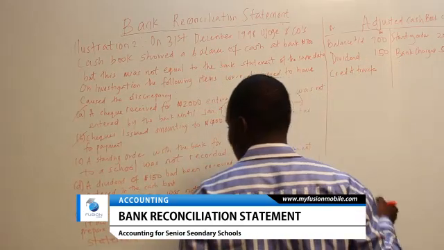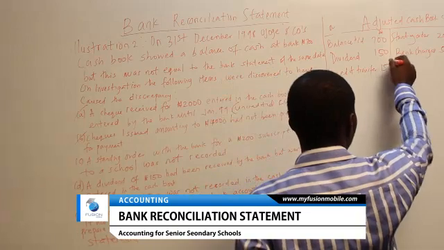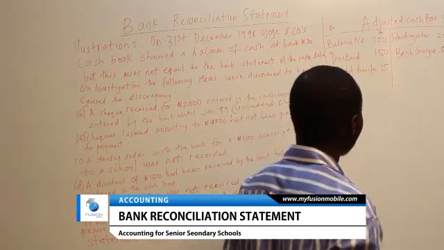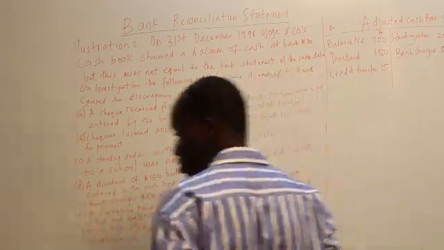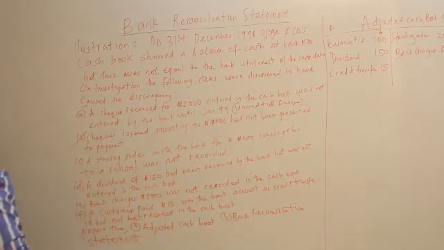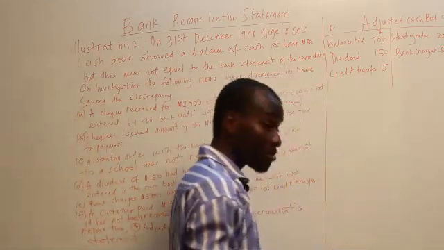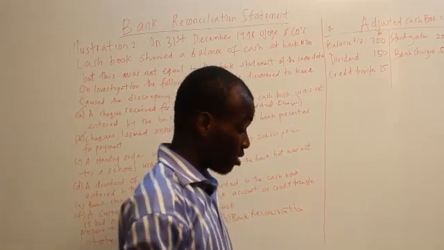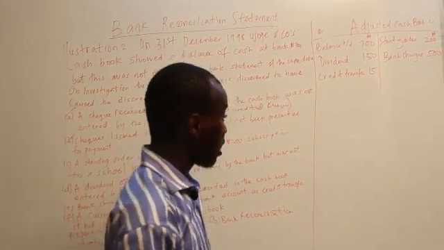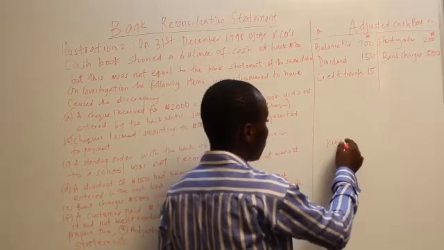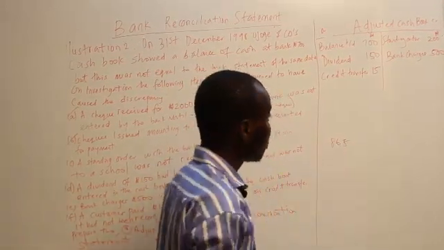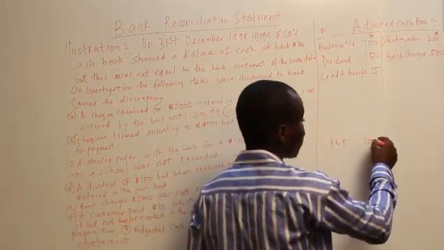We now have nothing regarding overcast and undercast. So the next thing is for us to balance the account. We add everything on the debit side: 700 plus 150 plus 15, which gives us 865 as the total on the debit side. The total on the credit side gives us 700.